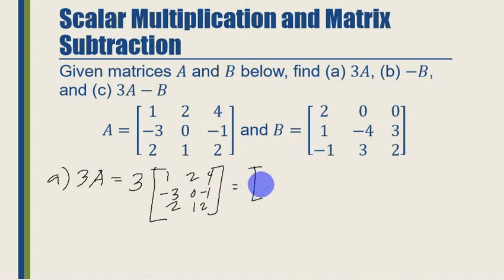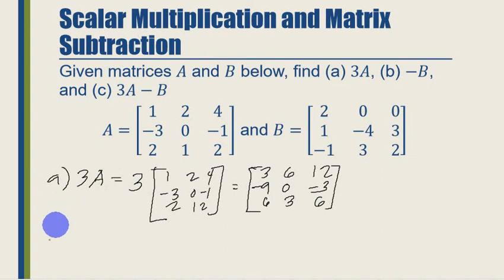The matrix will now become 3 times 1, which is 3, 3 times 2, 6, 3 times 4, 12, and so on. And I'm going to have negative 9, 0, negative 3, 6, 3, 6. So this is my matrix 3A.